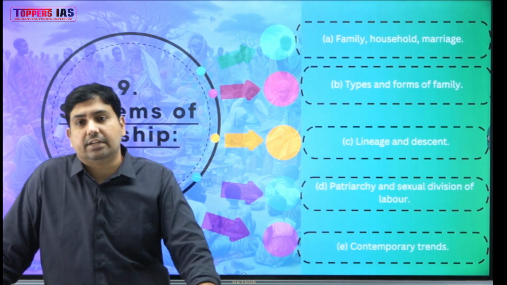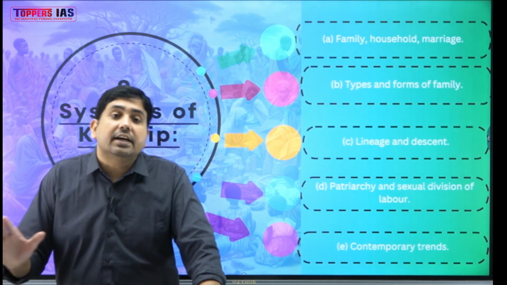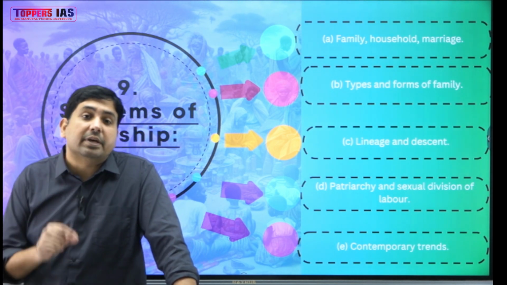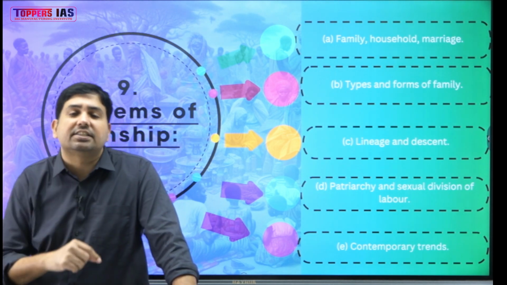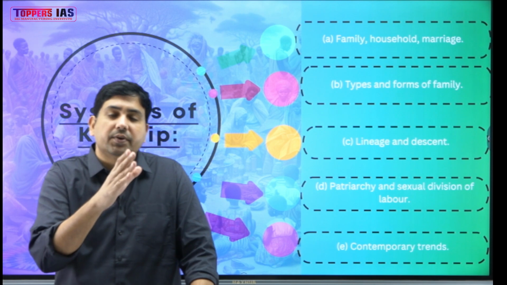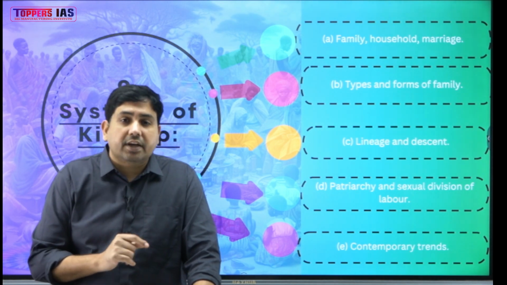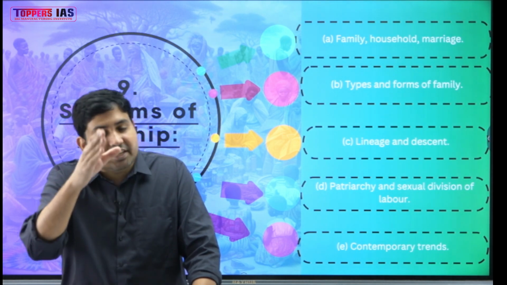Lineage and descent. There is a system of social relationship based on blood, which is lineage, or you call it descent. So conceptually we try to understand what is lineage and what is descent. Social relationship based on blood comes under lineage and descent.